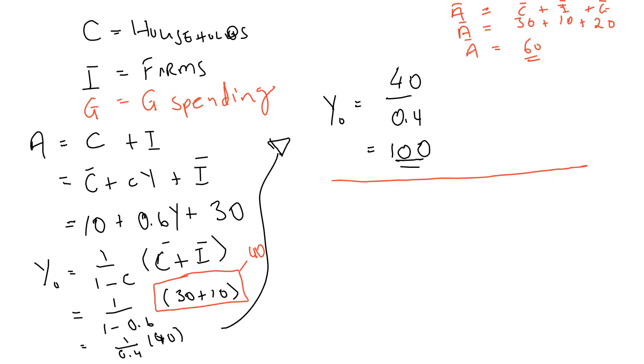Next bit, the equilibrium level of income is thus obtained by multiplying autonomous spending A by the multiplier.